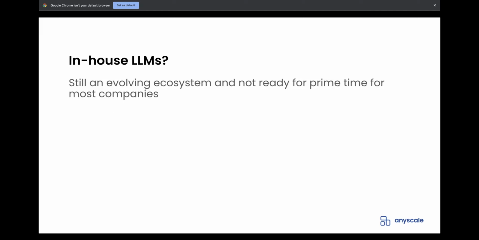This is definitely a very early trend, and from our signals from users, this landscape is still evolving. The entire ecosystem is evolving, and we would say it's not really ready for prime time for most companies. Next, I'll give more details of how people are using these in-house large language models.